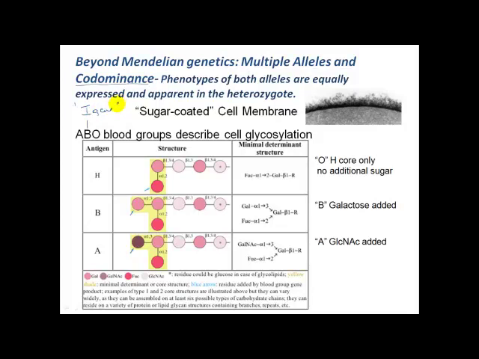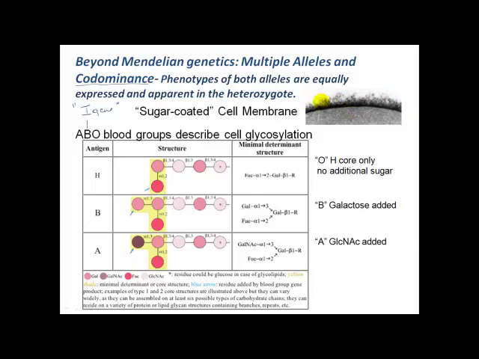And what this gene encodes is an enzyme that adds a sugar group to a specific membrane protein on our cells, including our blood cells. So remember, we talked earlier in the semester about the fact that our cells have this extensive carbohydrate matrix that extends up from the surface of the cell.